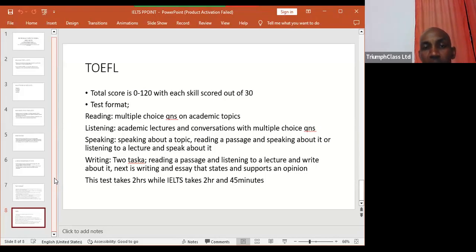You read the question and you choose the correct answer. You are obviously given a short passage that you read, but the difference is that here you are given multiple choices from which you choose the correct answer.